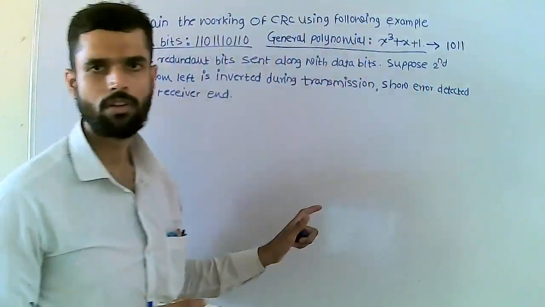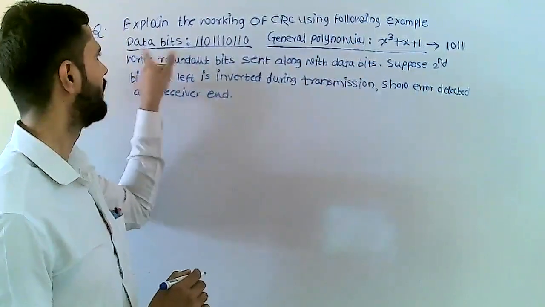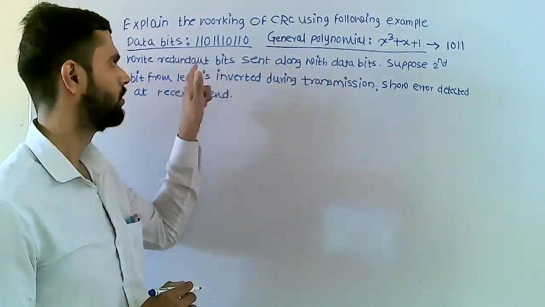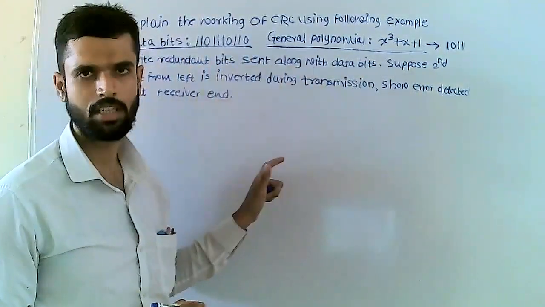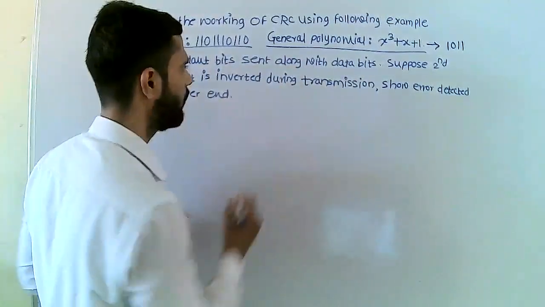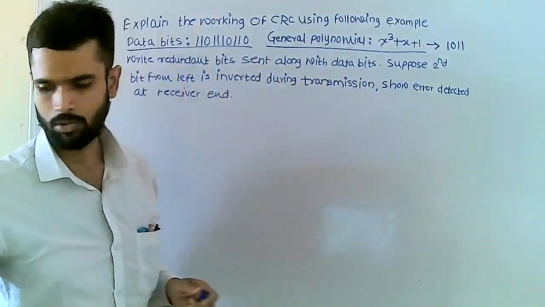The divisor is 1011 and the data bits have already been given, so we have to perform the division here. How will we perform the division?